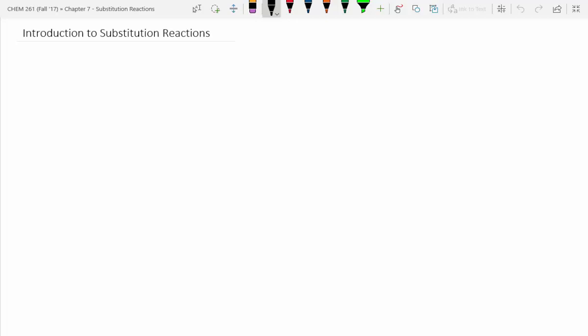And I'm just going to draw a generic equation up here. And I'm going to abbreviate leaving group as LG. And I've got a nucleophile that I'm going to abbreviate as NU, and it's going to have a negative charge. And the product of this reaction is going to be a substitution where the nucleophile replaces the leaving group.